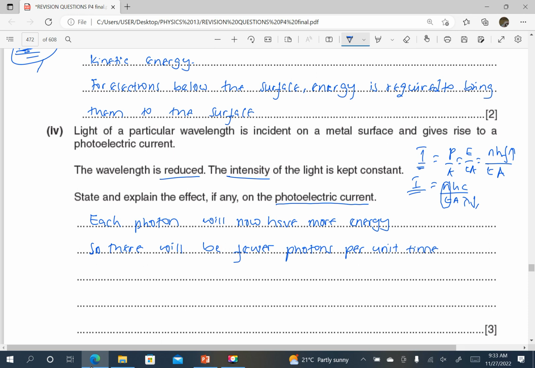Thus, since there are now fewer photons per unit time arriving on the surface, there are fewer electrons emitted per unit time. Because remember, each photon causes one electron to be emitted.